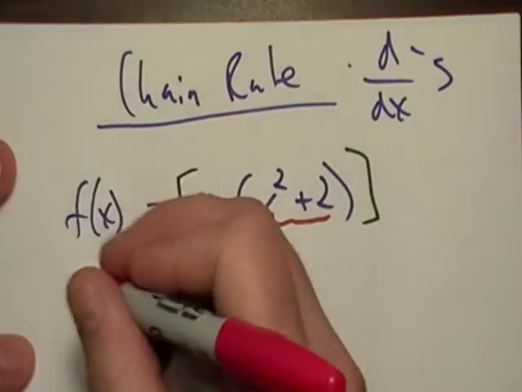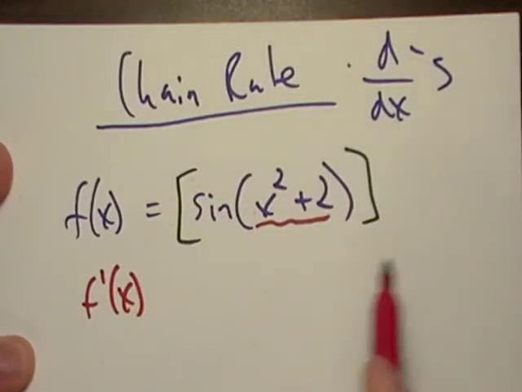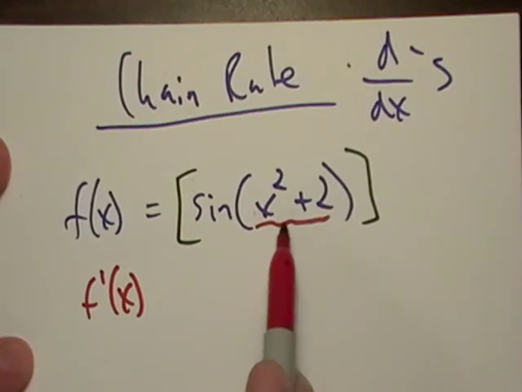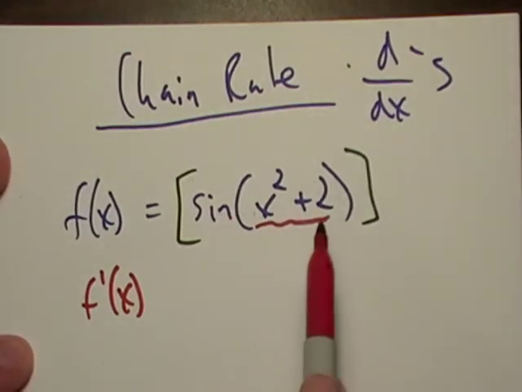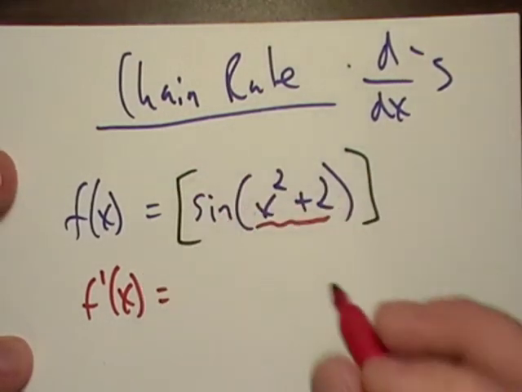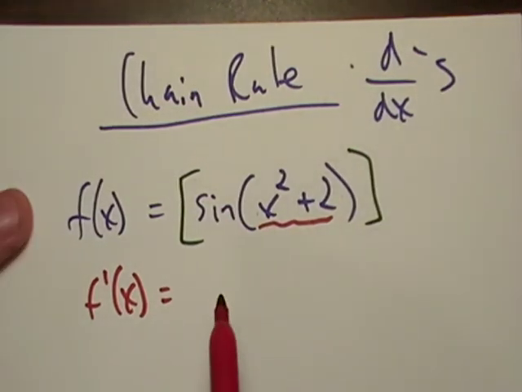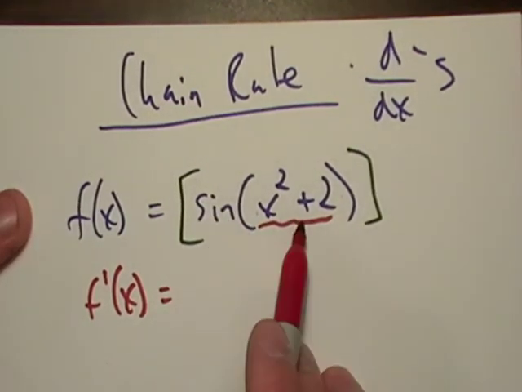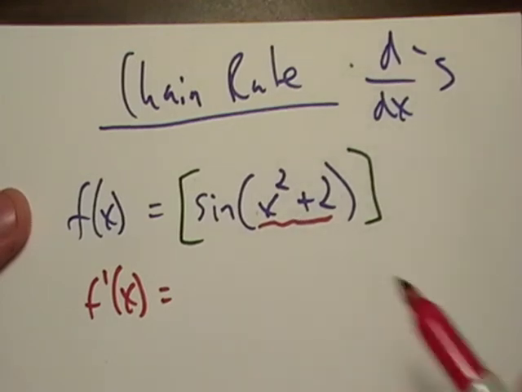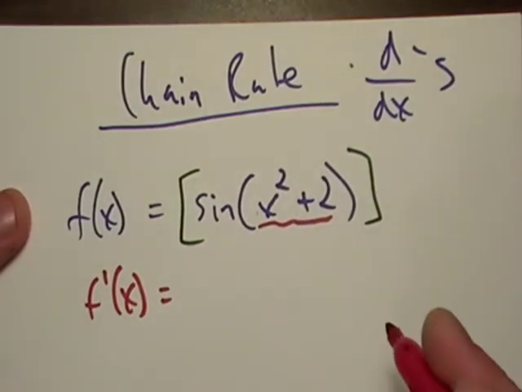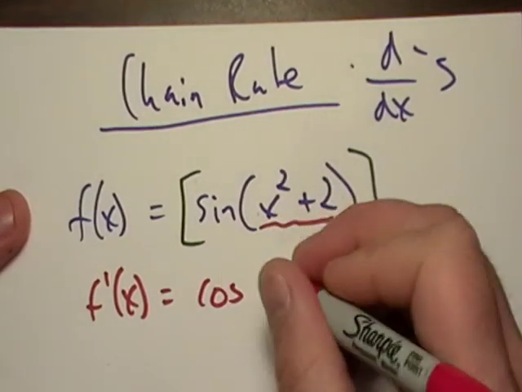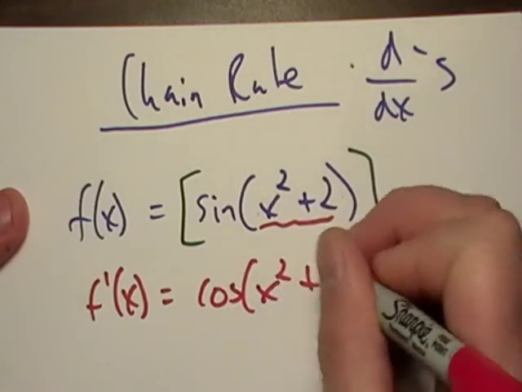So if I was going to go f prime of x, I can do the inside first or the whole thing first, but let me just do it because the example's the best. Well, the derivative of sine of anything is cosine of anything. So I'm just going to write cosine.